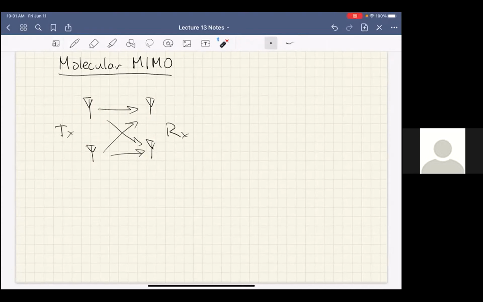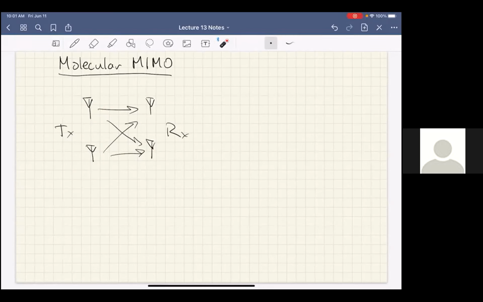So you can encode information in both the time and amplitude, as you would with a single antenna, but also in terms of the space. You can actually send different signals on both antennas so as to guide your signal appropriately to the different antennas.